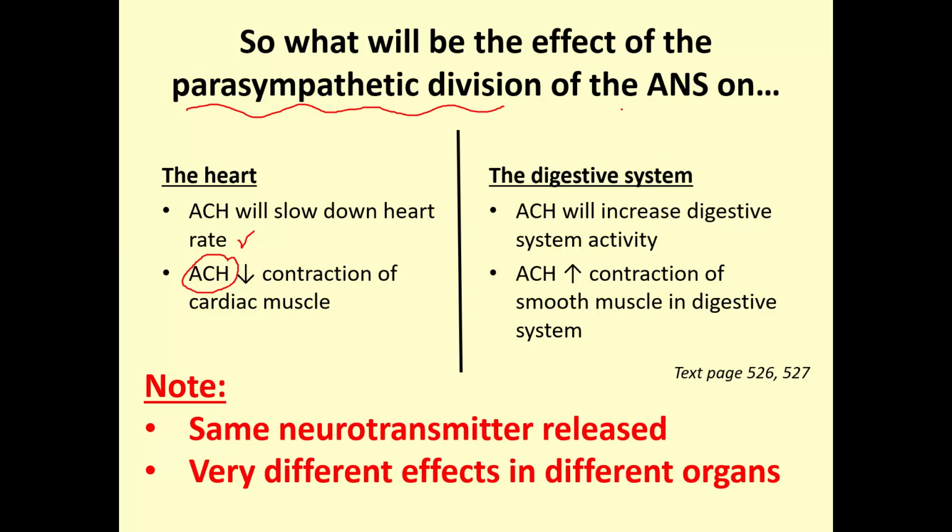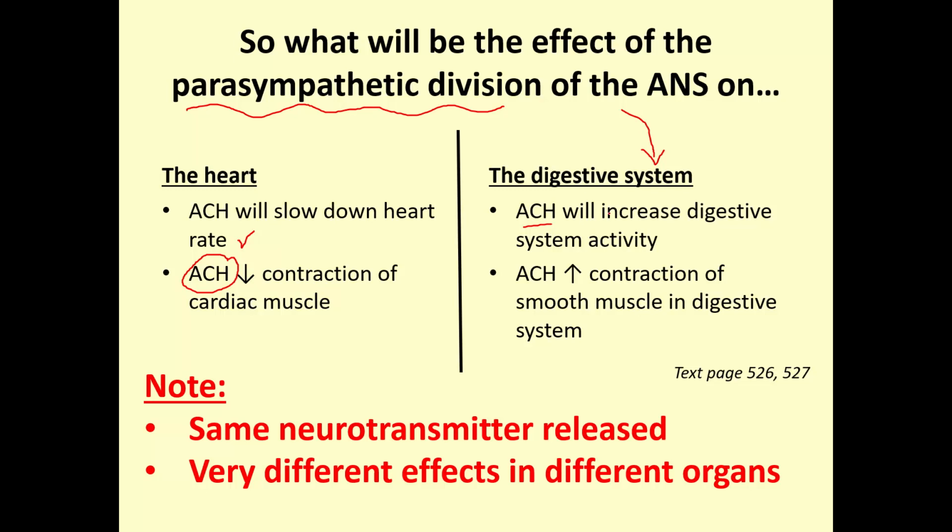But how will acetylcholine affect the digestive system? Acetylcholine from parasympathetic neurons will tell the digestive system to turn on, right? So this is the same neurotransmitter, acetylcholine, in both cases, but because there are different receptors in your digestive system than there are in your heart, acetylcholine can tell smooth muscle to speed up and cardiac muscle to slow down.